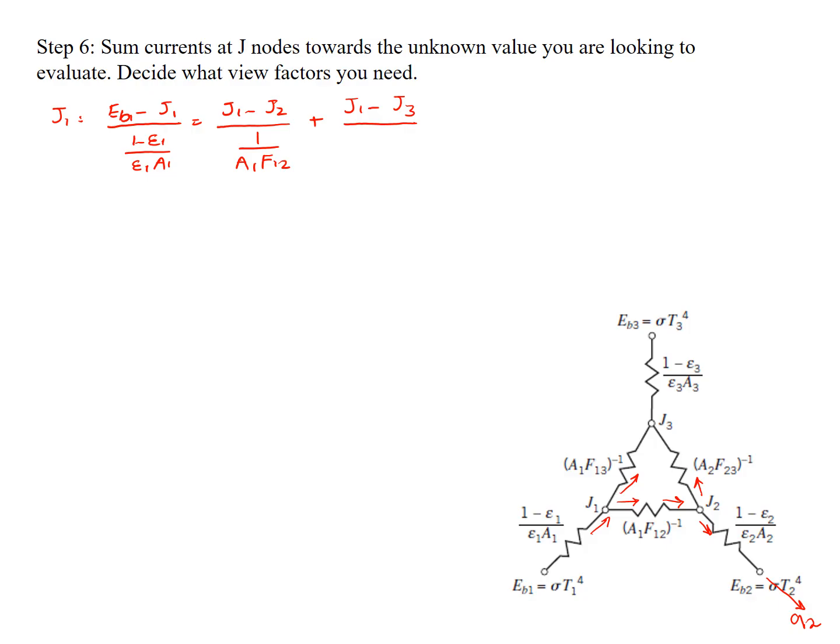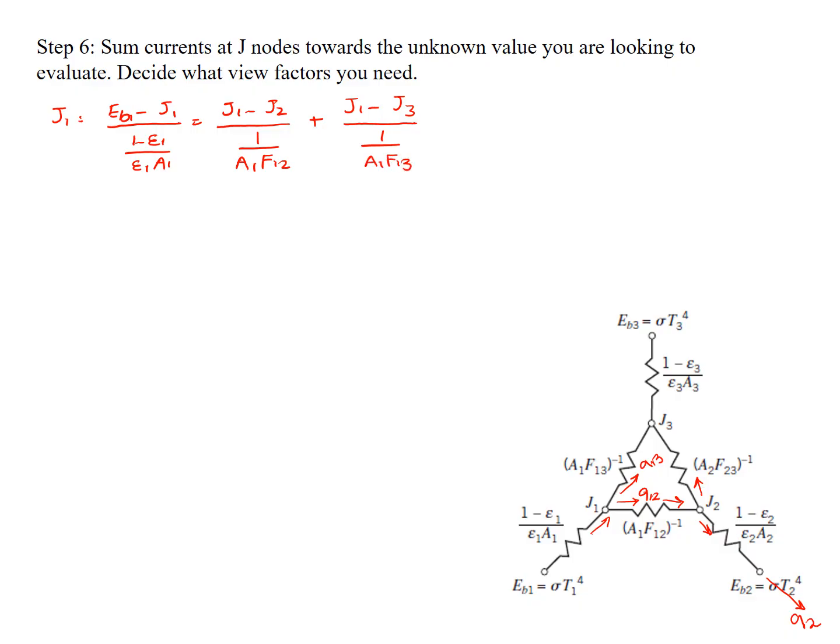This is Q13, and this is Q12. So for Q13, J1 minus J3, I'll divide that by the resistance 1 over A1 F13.